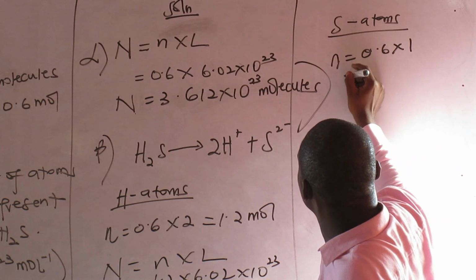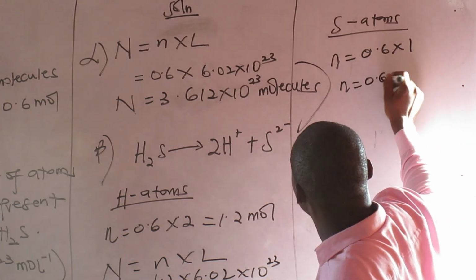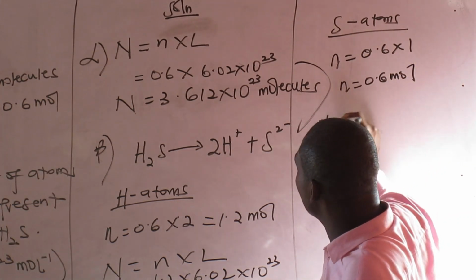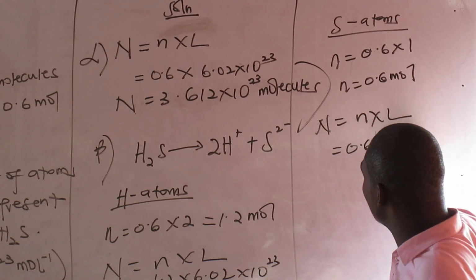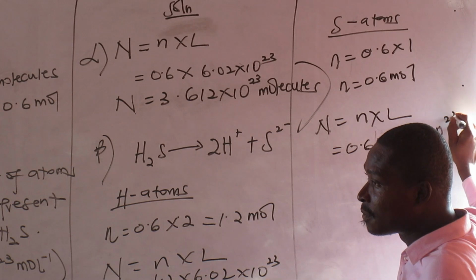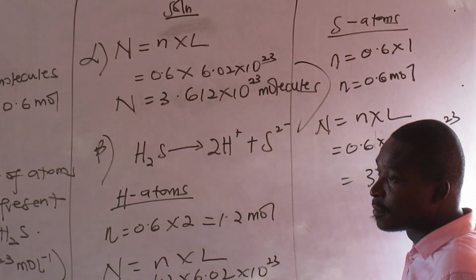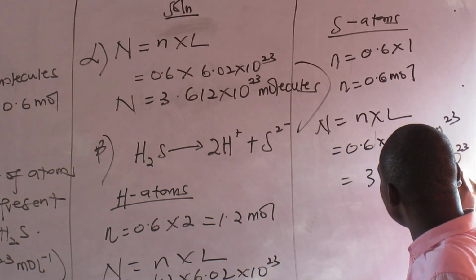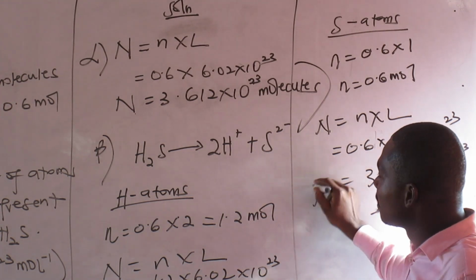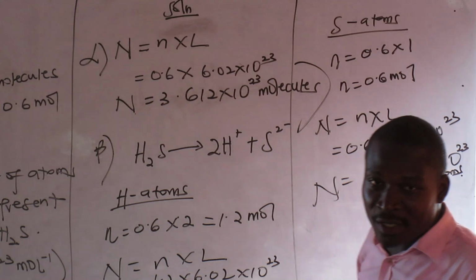It will still give me 0.6. Now number of entities is 0.6 by Avogadro, 3.612 times 10 to the power 23. 23 what? Atoms. Please, I hope you're okay with this question, right?